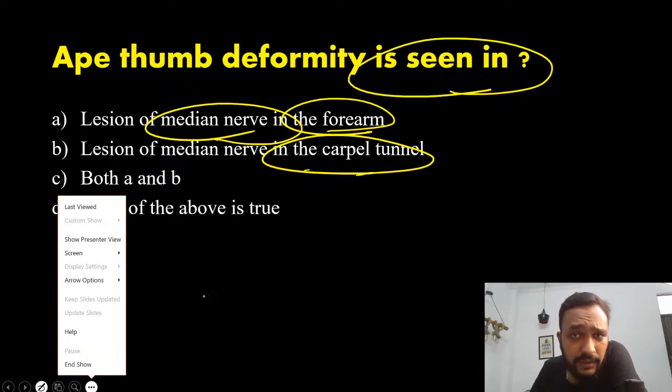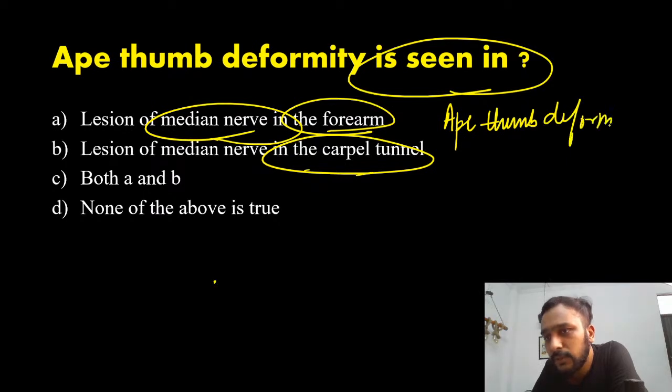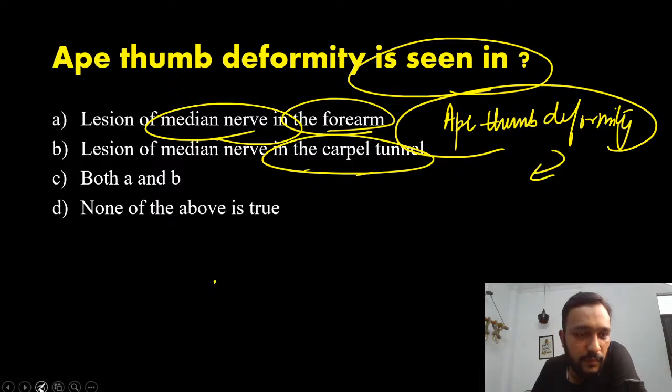So, guys, why do we see this ape thumb deformity in median nerve injury? Which muscle is responsible for the ape thumb deformity in median nerve injury?